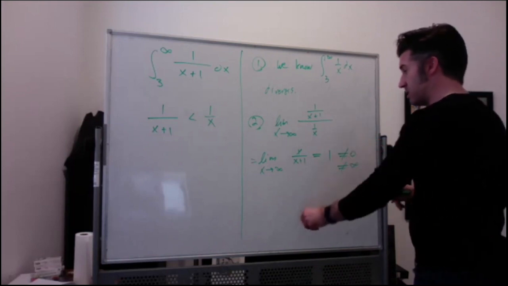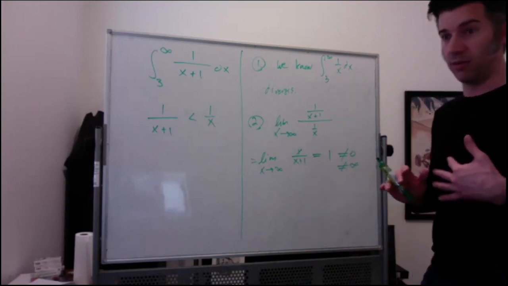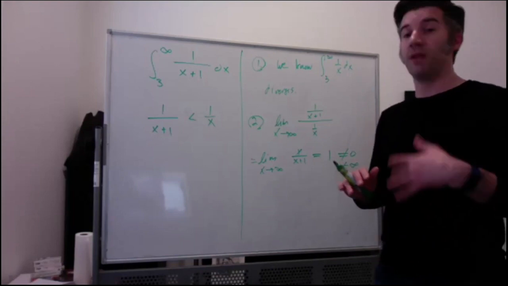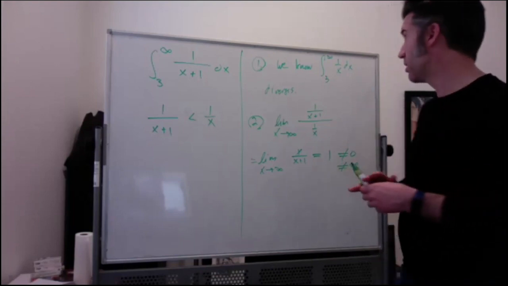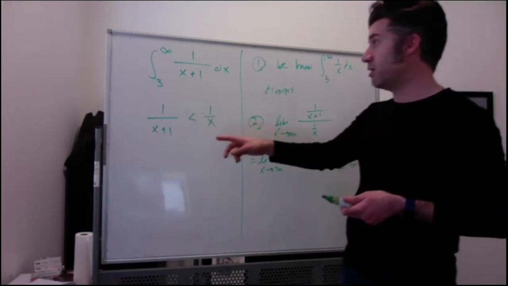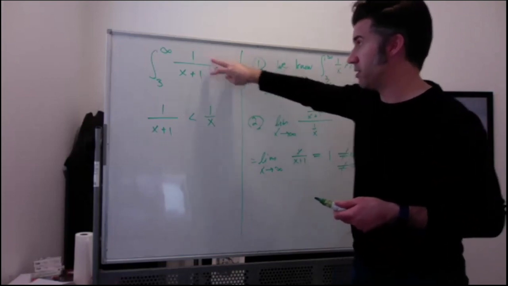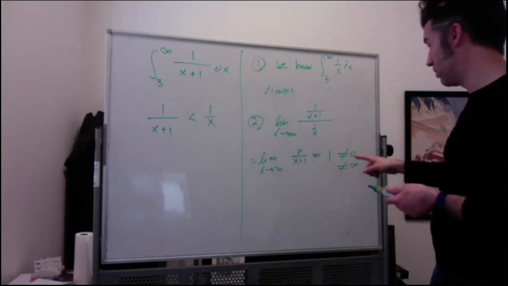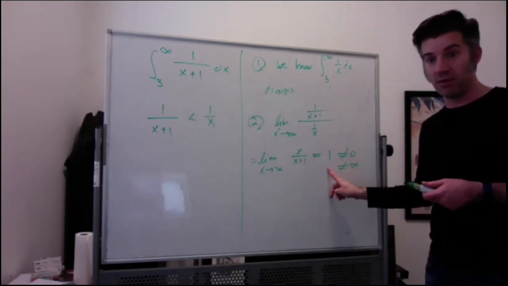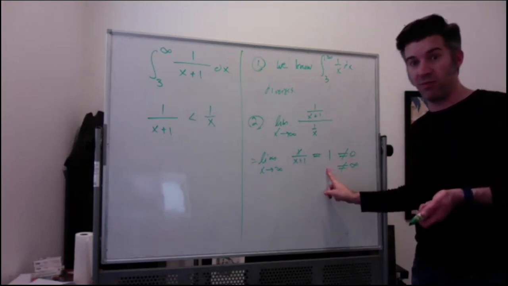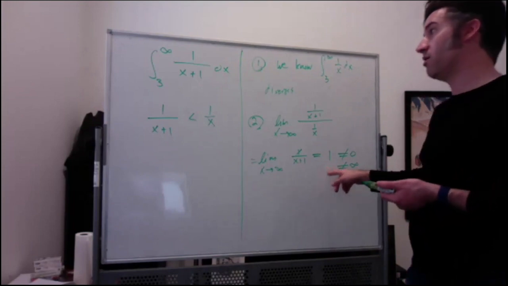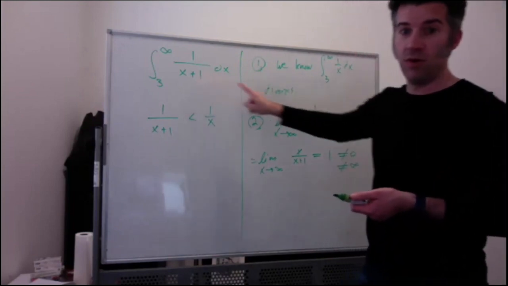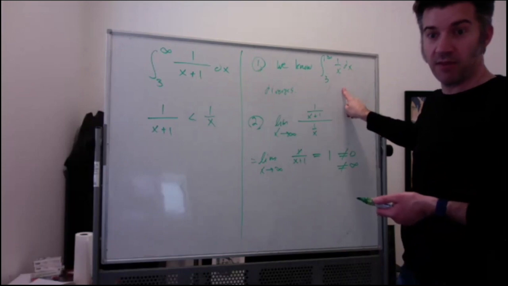So here's what we get to say. This is the limit comparison test for integrals. If you take the limit of an integrand over a known integrand, if that limit is equal to a non-zero finite number, like 1 or 3 or pi or 7, then this integral has the same behavior as that integral.